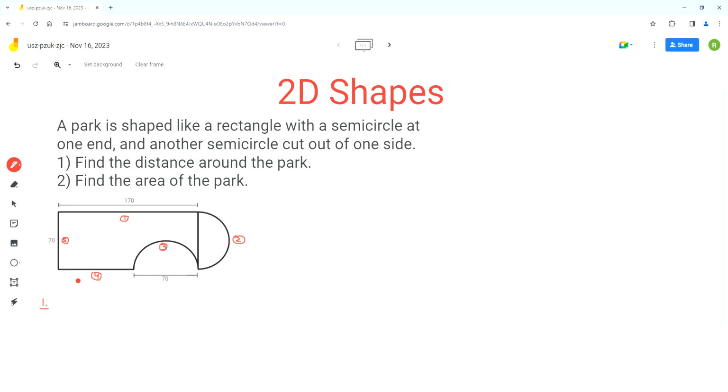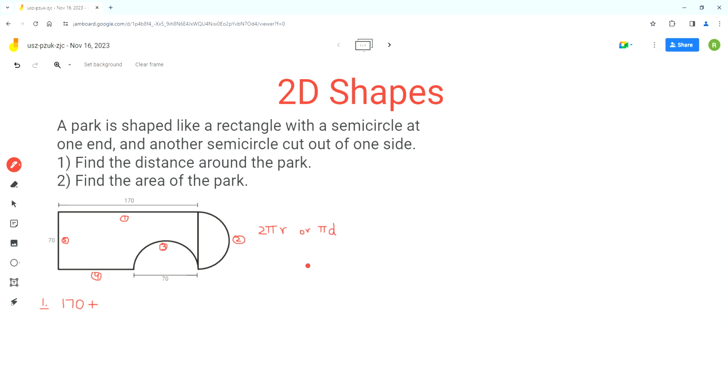For the first one, the distance is 170 units and that's given to us in the problem. Plus, now we have to find the distance around the semicircle. We know that for a full circle, the circumference is 2 pi r or pi d. So I'll write the formula on the board.